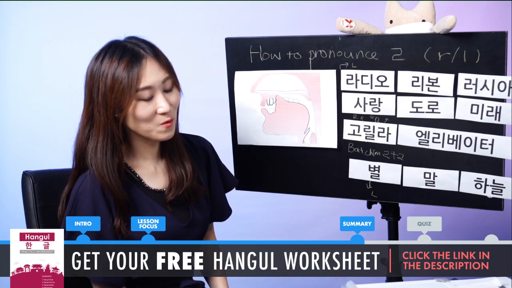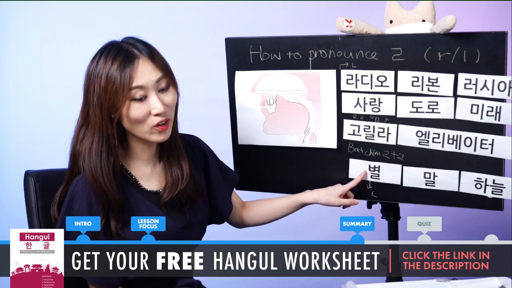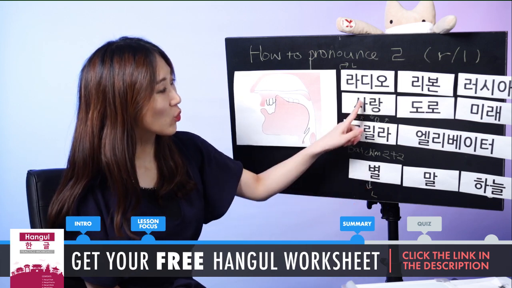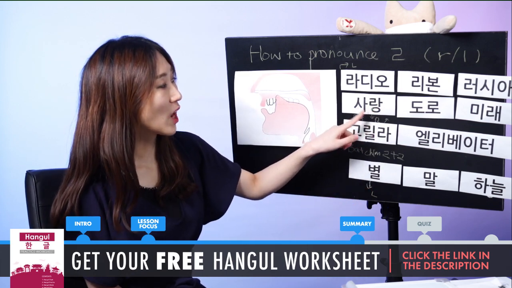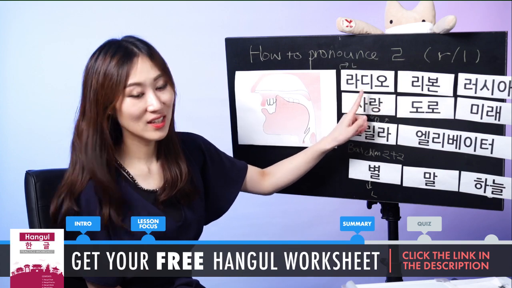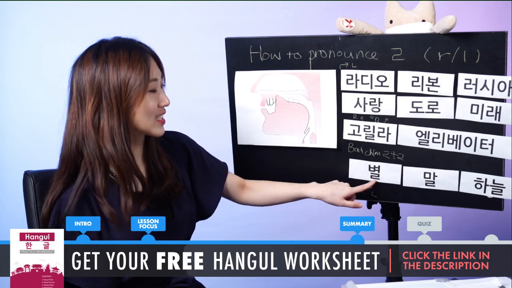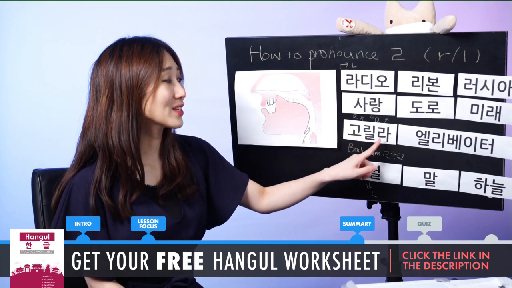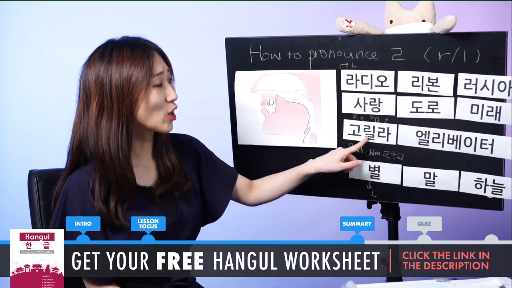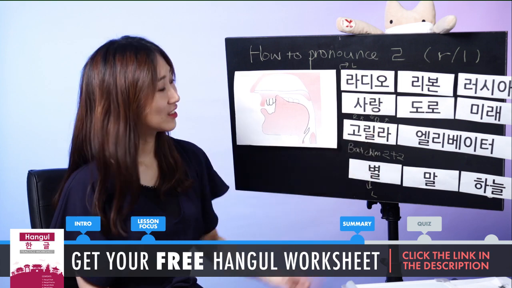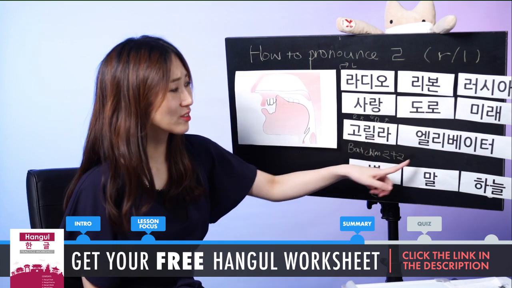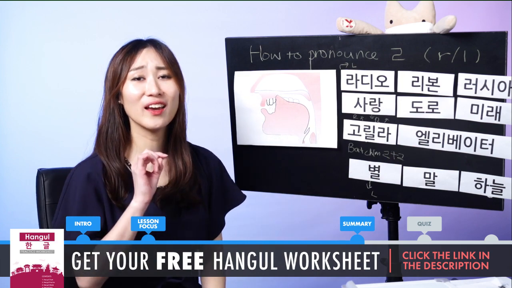And when it comes between vowels, like 사랑, it's like R, but when it comes at the end of the word, it's like L. And also, if there is an R sound, a ㄹ sound before ㄹ, double ㄹ, right? Elevator is more like an L sound.